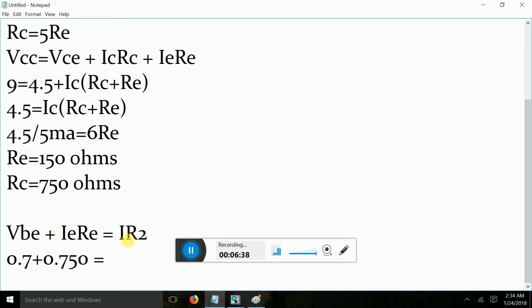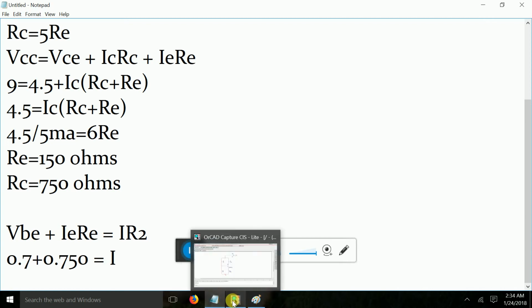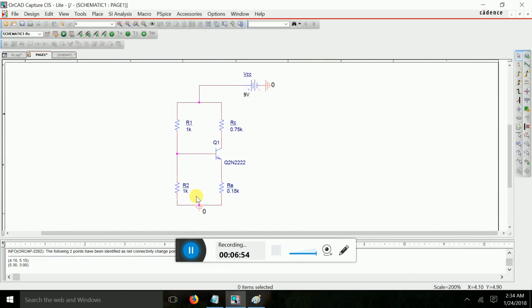You don't know what is the value of I. You also don't know the value of R2. So let I be like I, but R2 is actually having some value. The formula for it is that the value of R2 must be smaller than 10 times the value of RE, or it can be equal also.